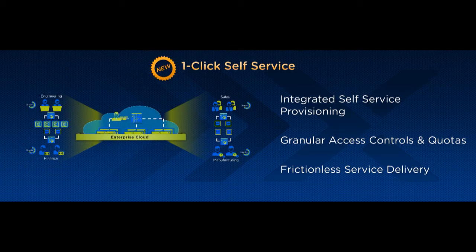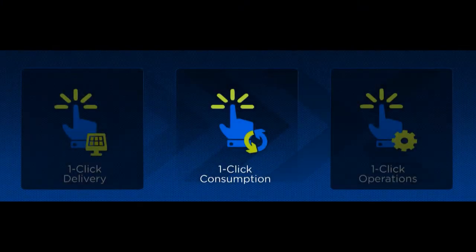Consume, deploy your own VMs and containers, have your own projects, manage your quotas and so forth, while your centralized administration can still have the fine-grained controls to ensure that the right capacity and optimization is being done across the enterprise. And so that's the one-click consumption side.